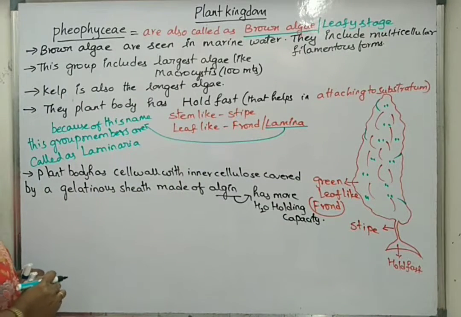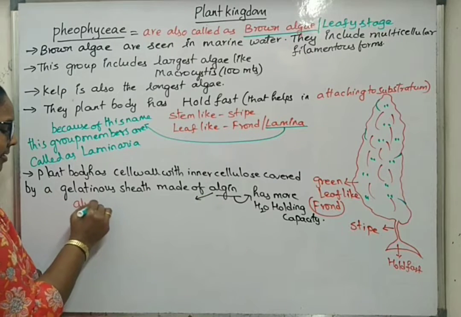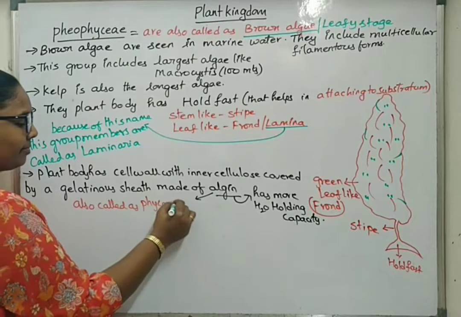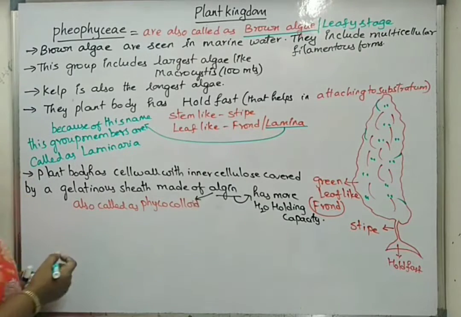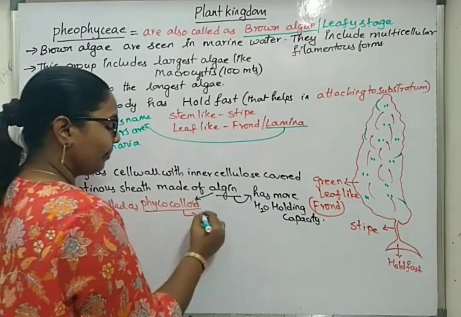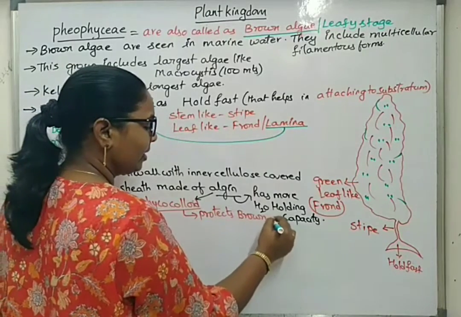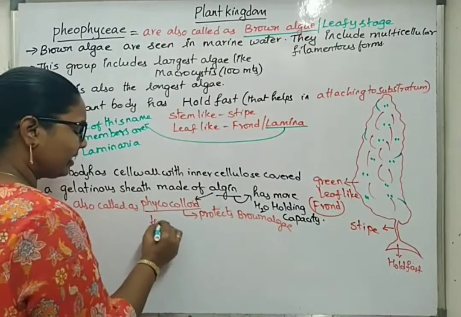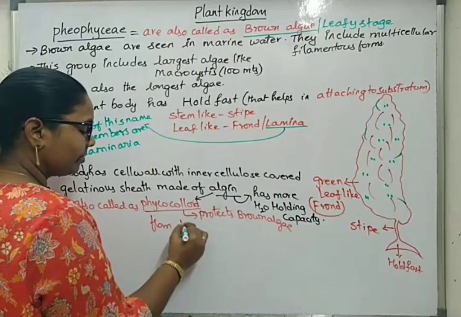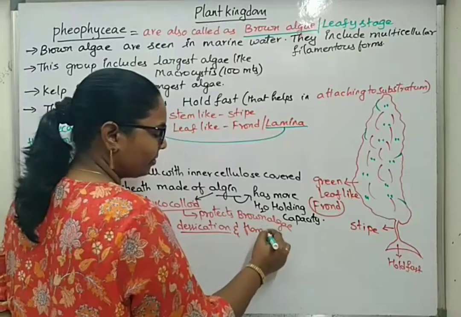These are also called as phycocolloids. This algin, in form of a phycocolloid, protects brown algae from desiccation and shocks, means from damaging and also from shocks.